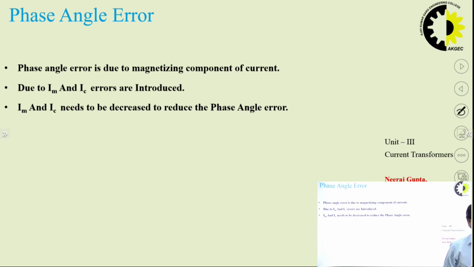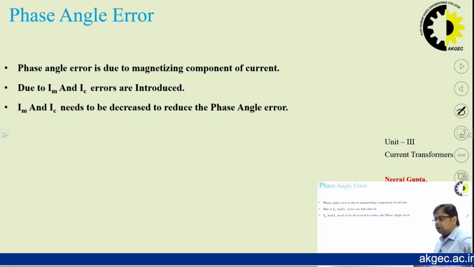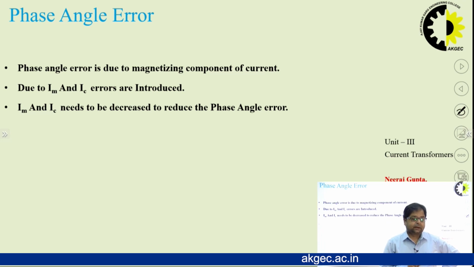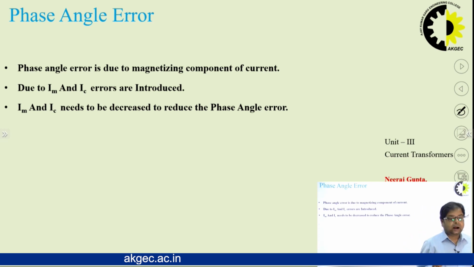The reason is that the primary current is dependent upon the load current of the main circuit and not on the secondary side current. So, as the current in the main circuit changes, IP changes, and IS will change accordingly. IS depends upon IP.